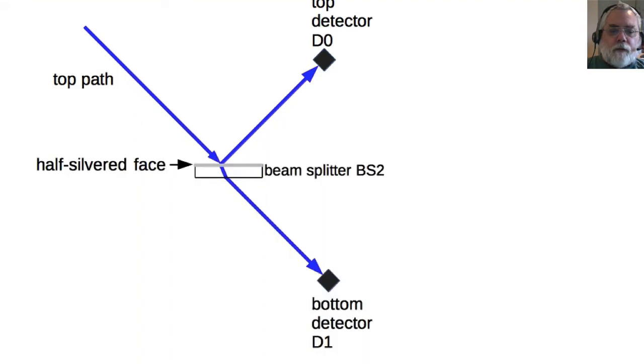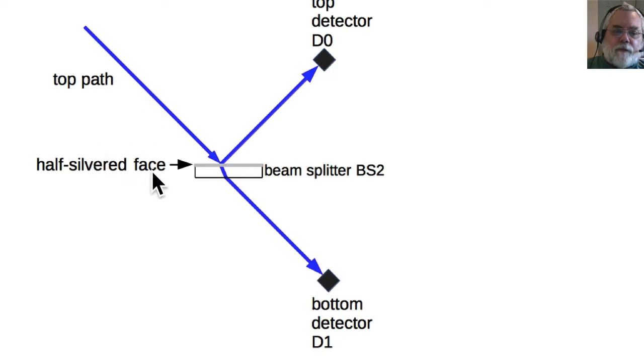Now for beam splitter 2, it will help us to look at the top path case separately from the bottom path case. So here's the beam coming from the top path. It has been reflected off its mirror.